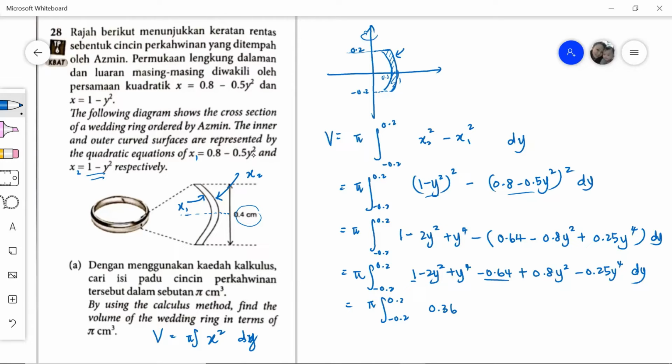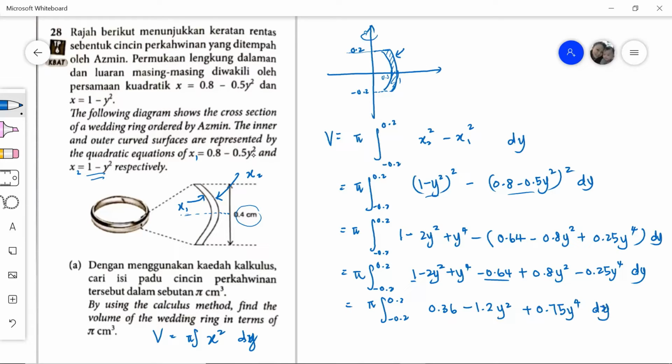For the y squared, the coefficient is negative 2 plus 0.8, so we get negative 1.2 y squared. And for the y to the power of 4, we have 1 minus 0.25, so we get plus 0.75 y to the power of 4.